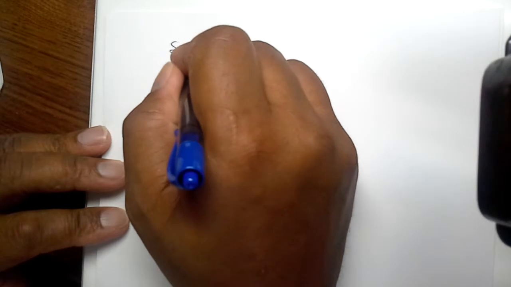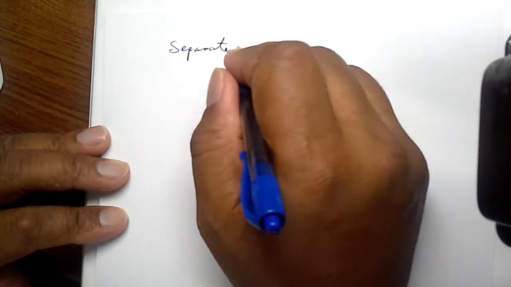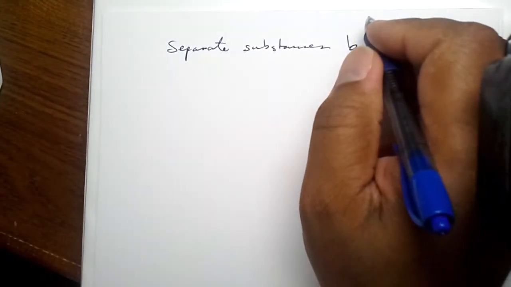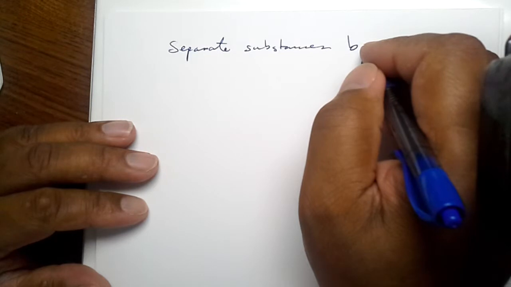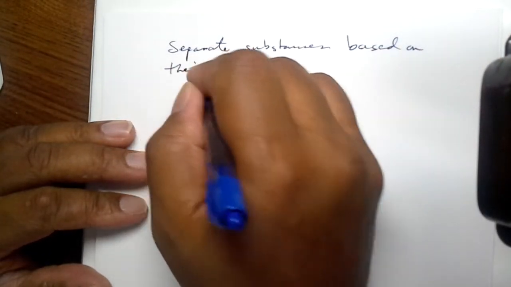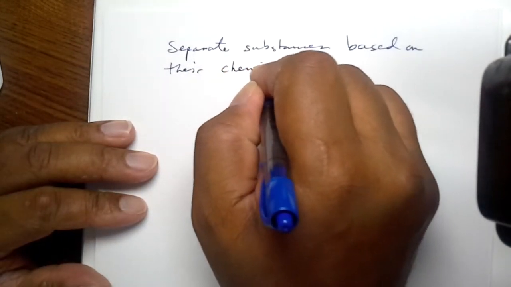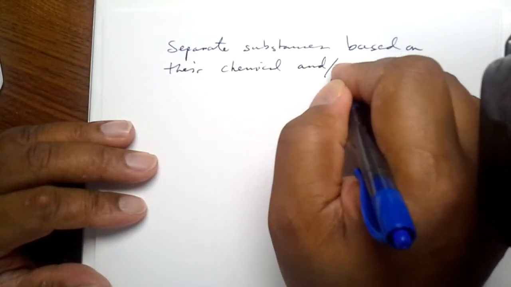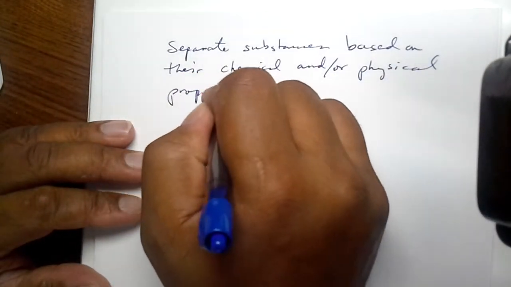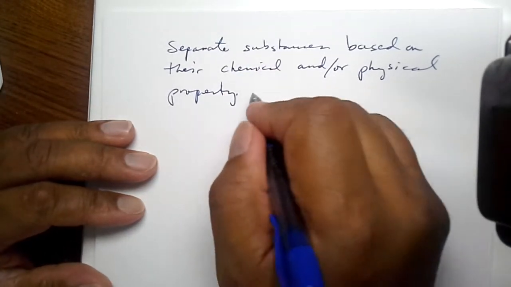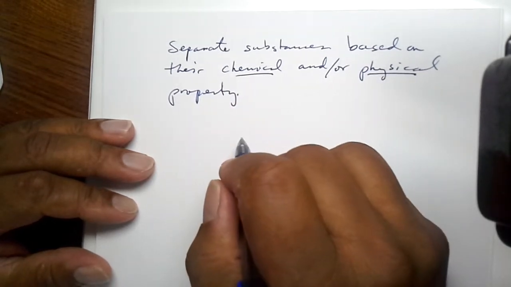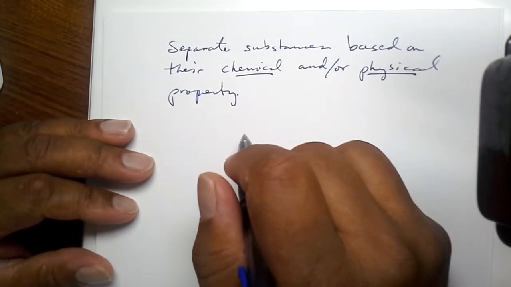We can separate substances based on their chemical and or physical property. And a good experimenter, a good researcher, would know what those chemical and physical differences are and be able to exploit that.